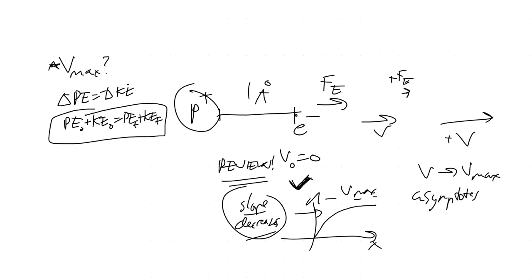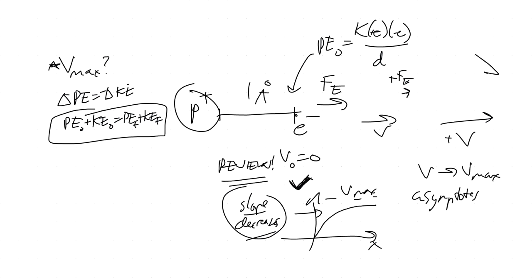So maybe add this to your equation list that we did at the beginning. So what's the initial potential energy? Well, that's going to be K times the source, positive e, times the feeler, negative e, over the distance, 1 angstrom, not squared, or R, you can call it. I'll call it D. And what's the final potential energy?